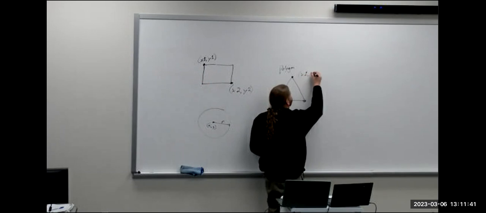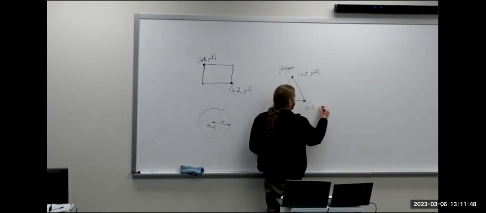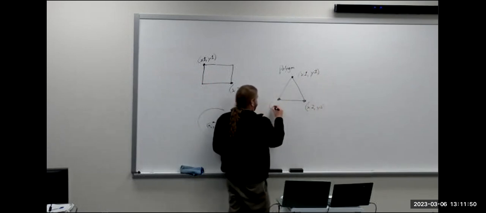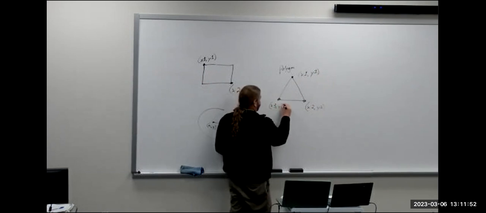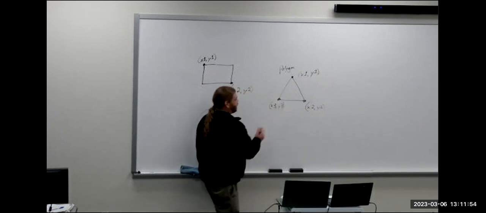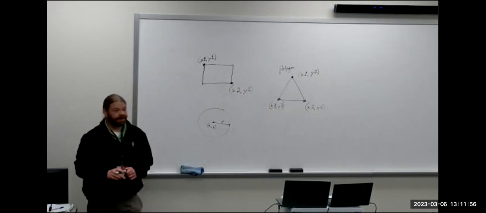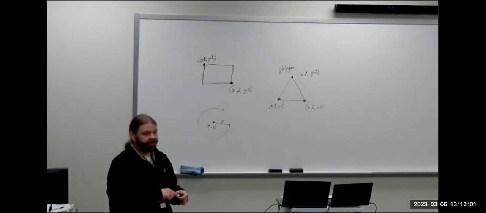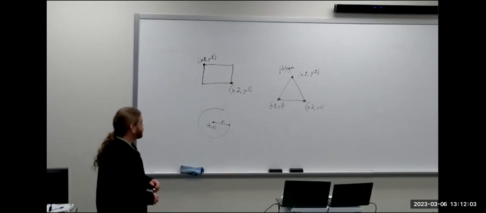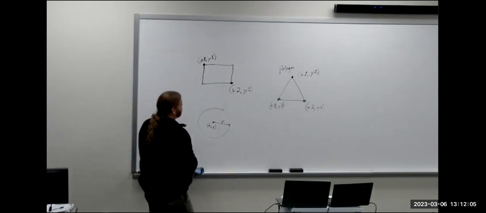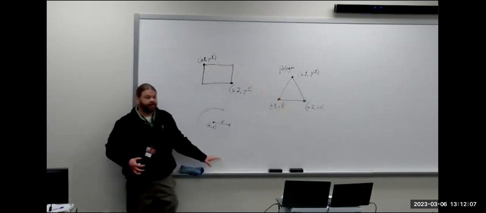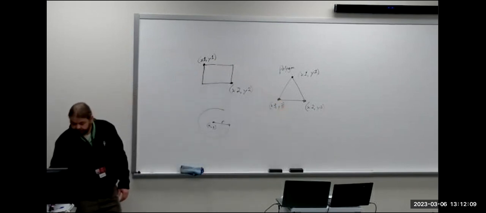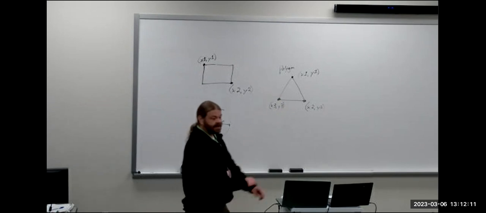So like X1, Y1, X2, Y2, and X3, Y3 would be enough for a triangle. And however many sides our shape has, we just define all the corners, and the computer can fill in the lines between those corners. So we have these shapes to mark out. We can mark out spots on the picture if you know the coordinates of them, and then turn those into links.